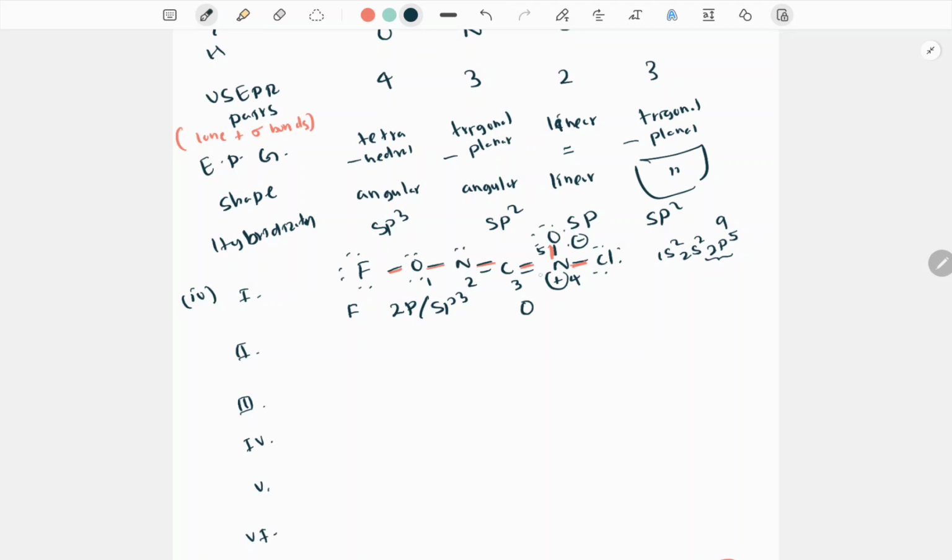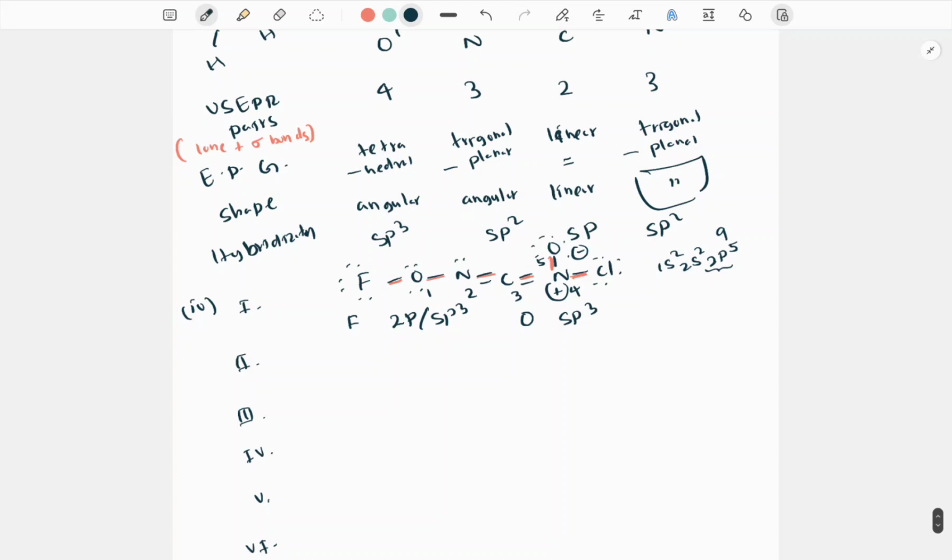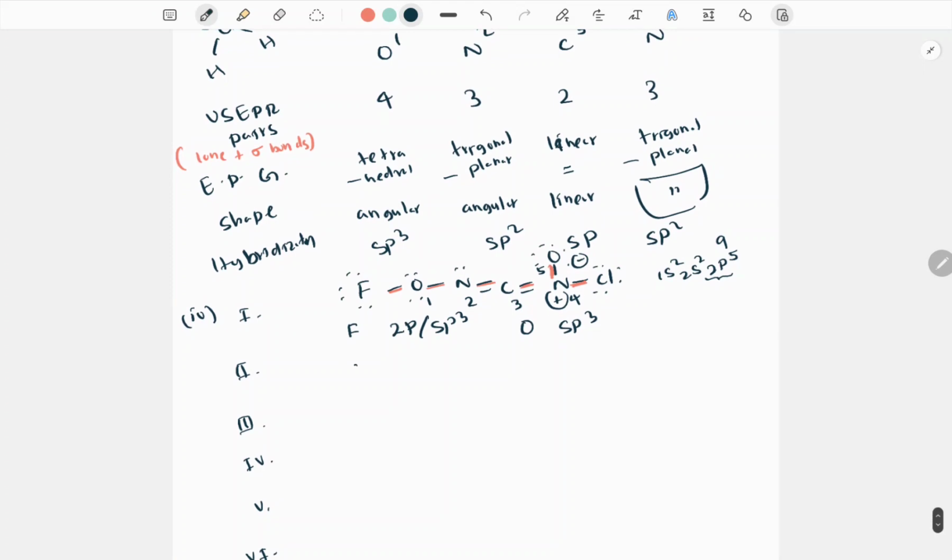Hybridization will be sp3, since there are 4 VSEPR pairs. And nitrogen, now this is the first sigma bond. Second one between oxygen 1 and nitrogen 2: oxygen 1 we got as sp3, N2 will be, since there are 3 VSEPR pairs, sp2.